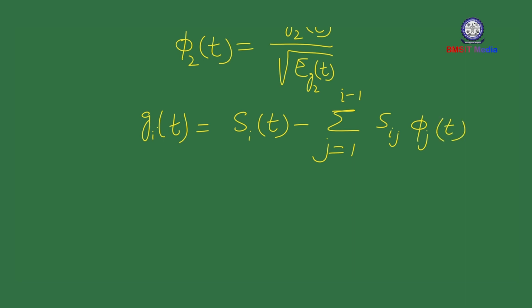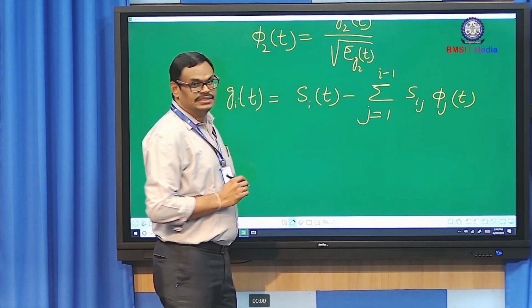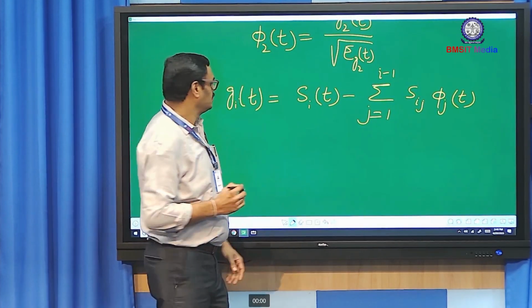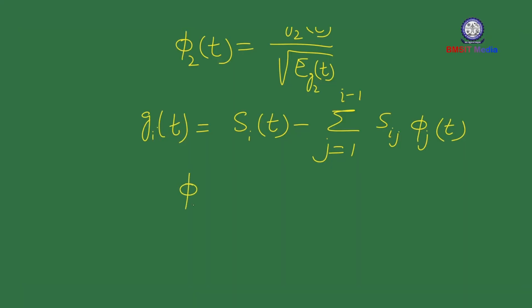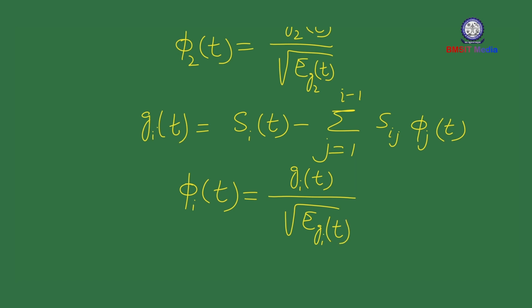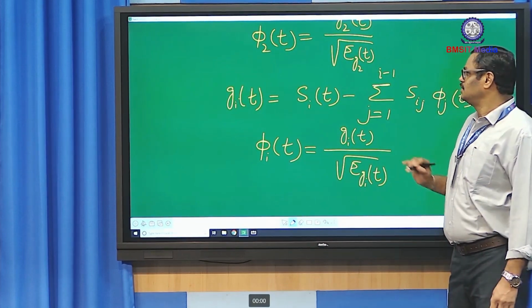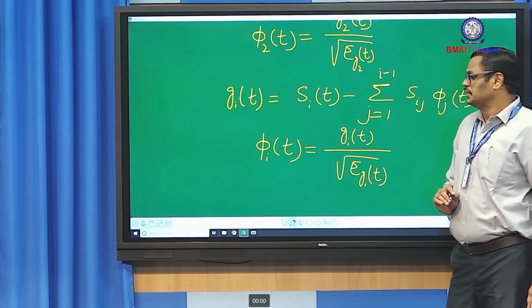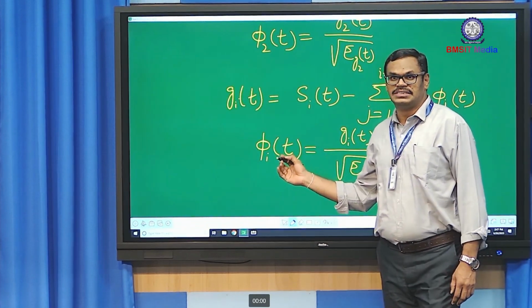Any value of i can be substituted to find the required g of t. Then I can generalize phi i of t as gi of t divided by the square root of the energy of the signal gi of t, to find any orthonormal basis function. So this is the Gram-Schmidt procedure to determine n orthonormal basis functions.